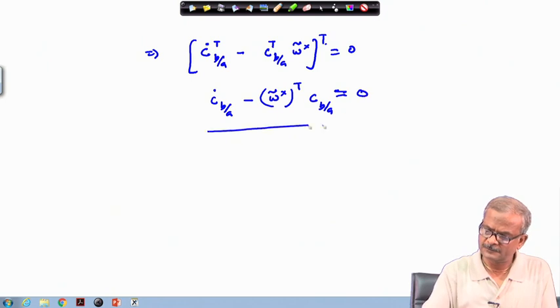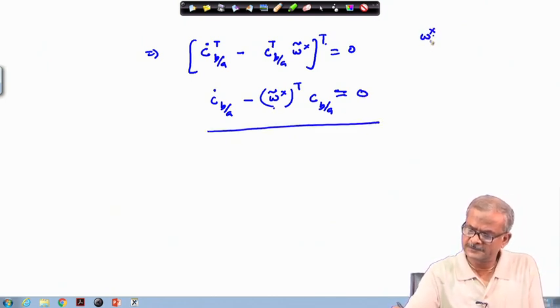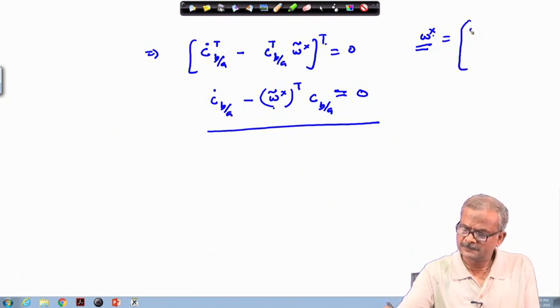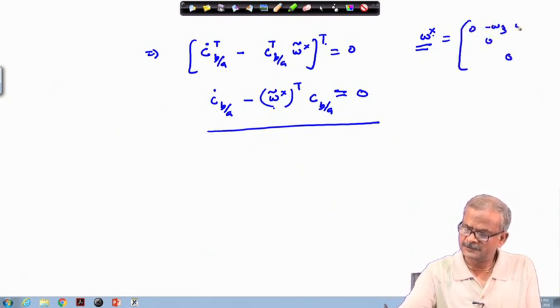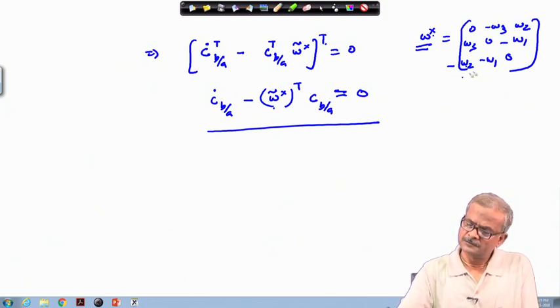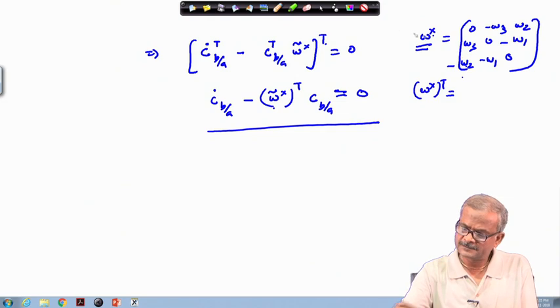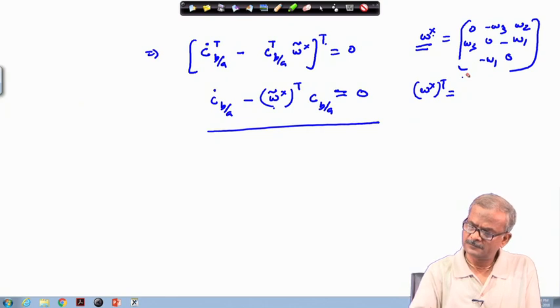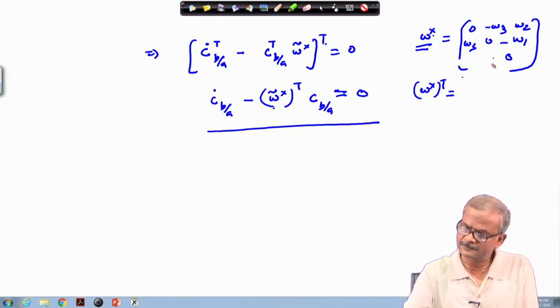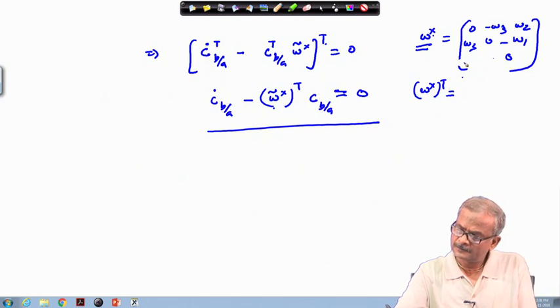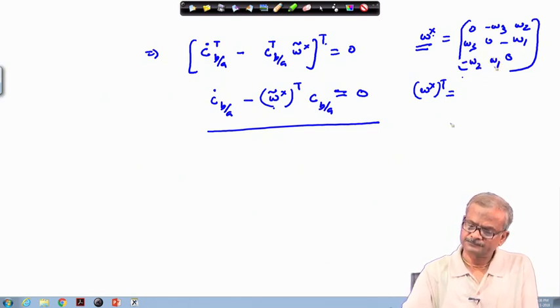This equal to 0. Now, this quantity, you know, is the skew symmetric matrix 0, minus omega 3, omega 2, omega 3, 0, minus omega 1, with a minus sign here. Okay. So, if we take the transpose of this matrix, this will come here in this place and then take the minus sign outside. Do not get confused, we have to correct in this place, this is minus omega 2 and this is omega 1.